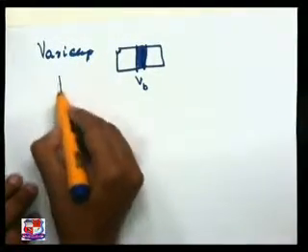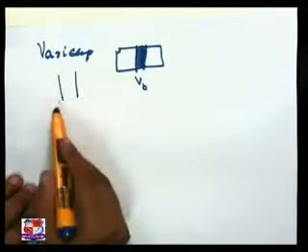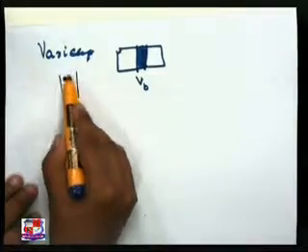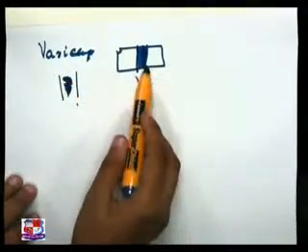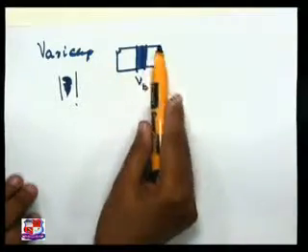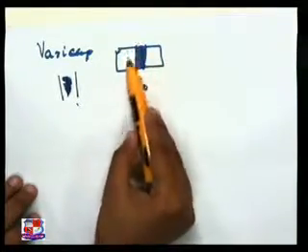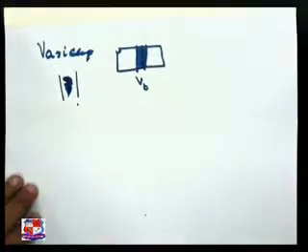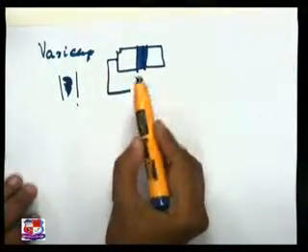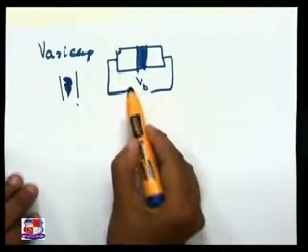So in the capacitor there are two plates, one is positively charged, another is negatively charged, and there is a dielectric in between. The same way in the PN junction diode, on one side p-type material is there, on another side n-type material is there, and in between there is a neutral region. So this can be used as a variable capacitor diode.